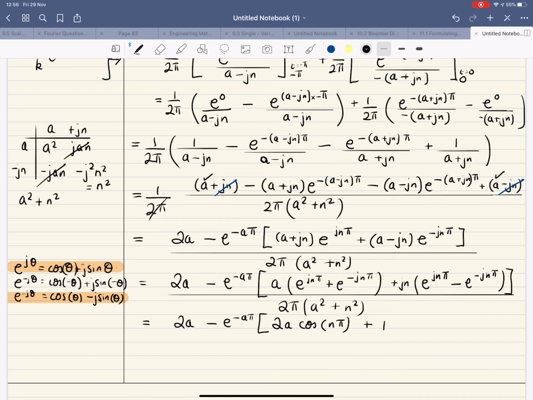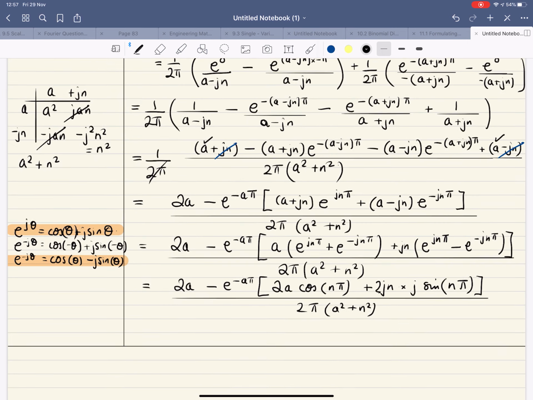So it's plus jn times 2, which I'll put at the front there, and it's 2jn times j sine n theta. We underline this. It's all divided by 2 pi (a squared plus n squared). Okay.